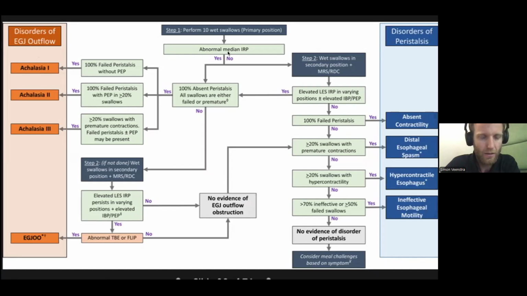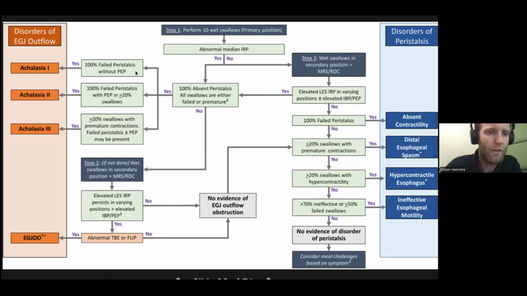As I pointed out in the first case, your first branching point is your IRP. If that's elevated or abnormal, you then look at what the peristaltic pattern is. If there's absent peristalsis, that's generally when we are concerned for achalasia. And obviously there are the different types, type 1, type 2, and type 3, and that depends on the predominant feature.